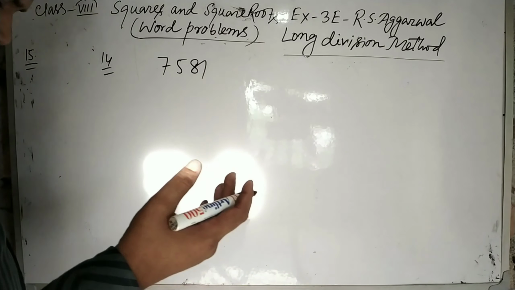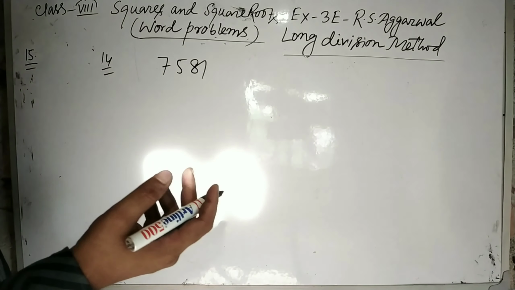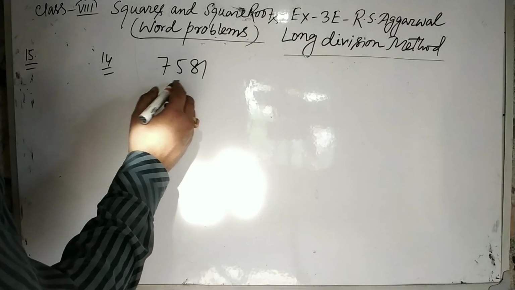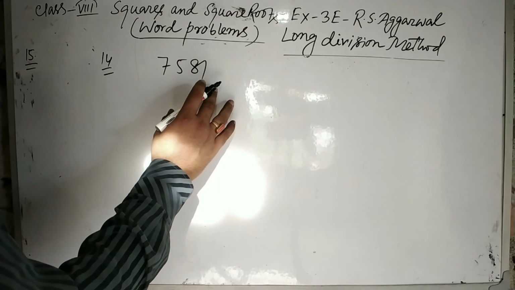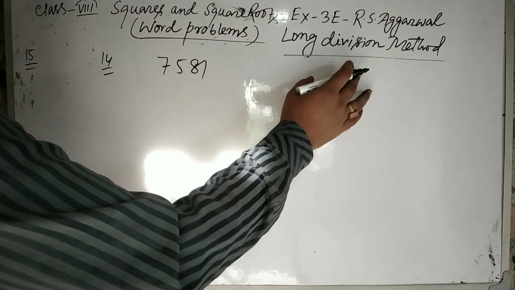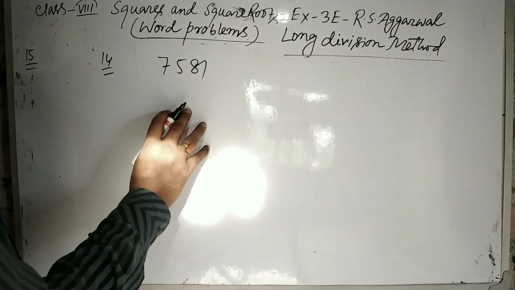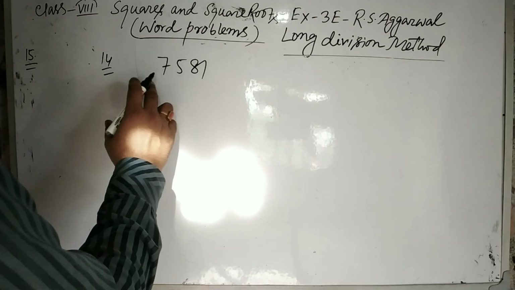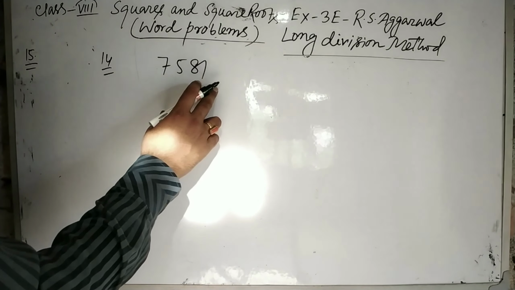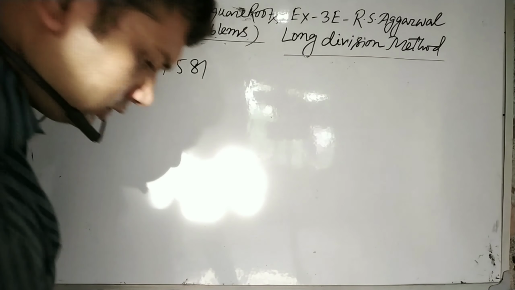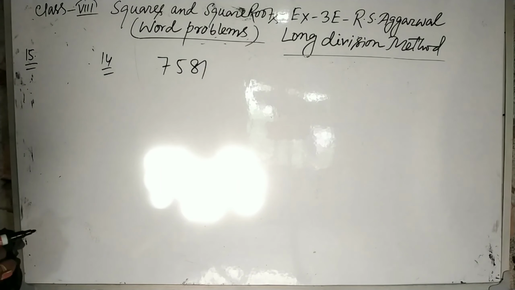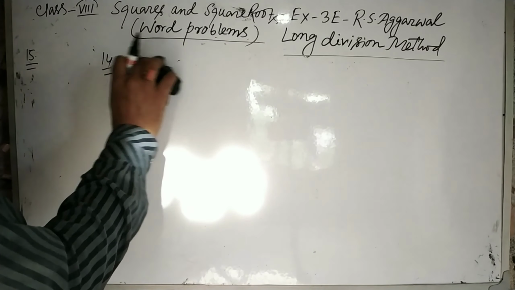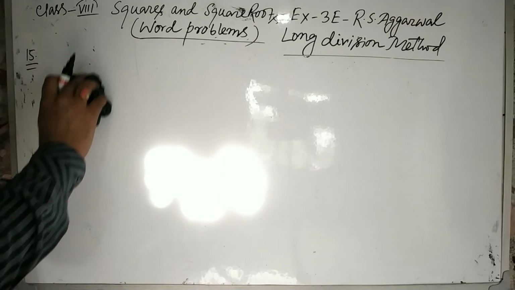Also find the number. Okay. So just write down the number and use long division method. Your remainder is your answer. That means you have to subtract the remainder from this number. Okay? Then you will get your answer. You will get your perfect square number as well as its square root.